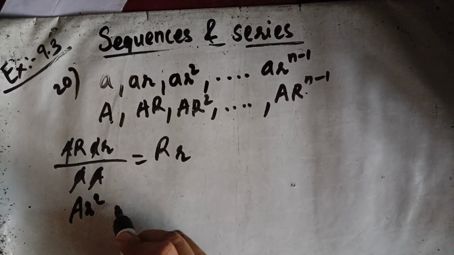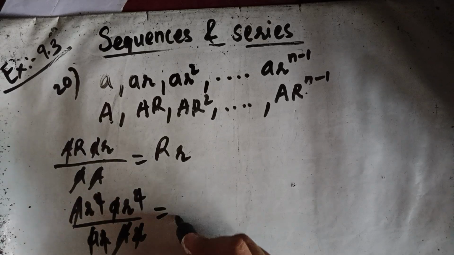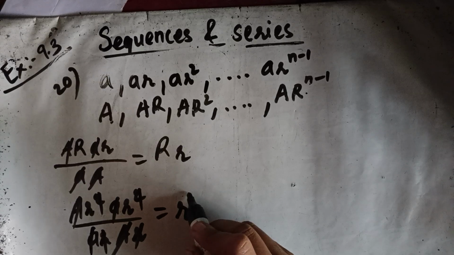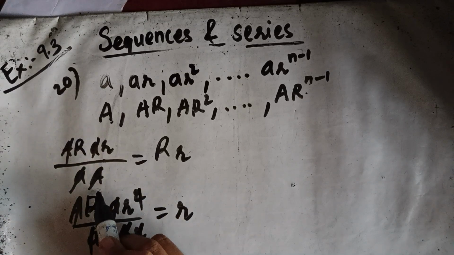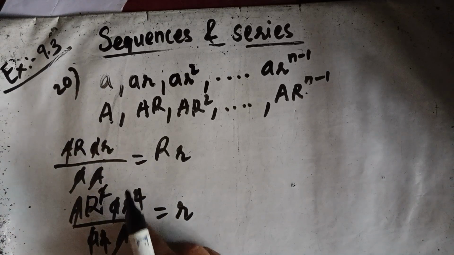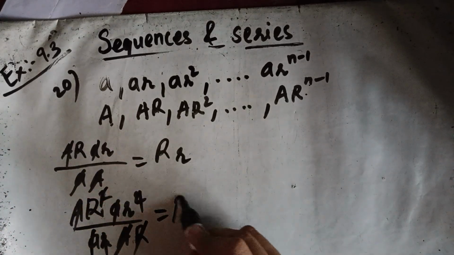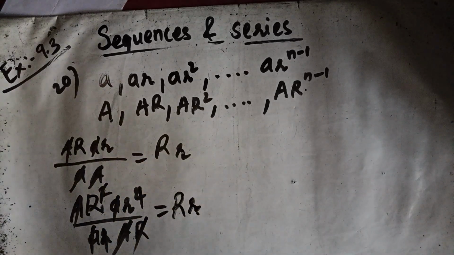AR square into AR square upon AR into AR, that is R into R. So the ratios are same. Okay, so this is a GP.